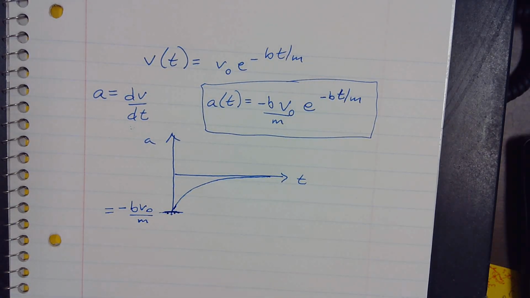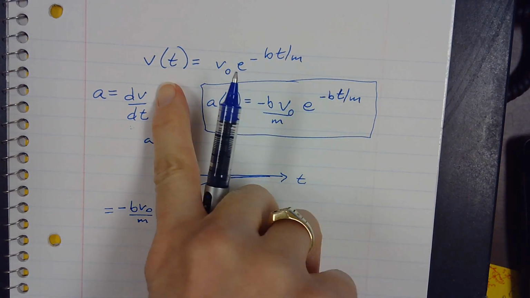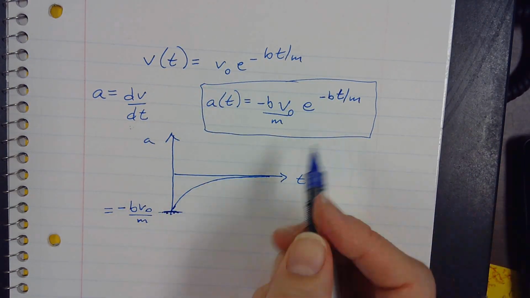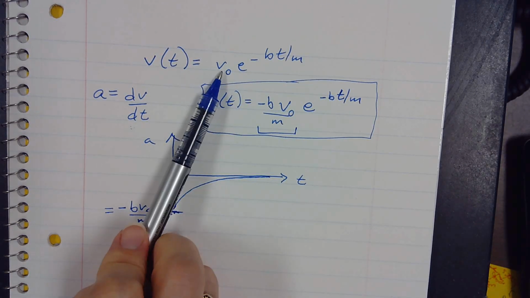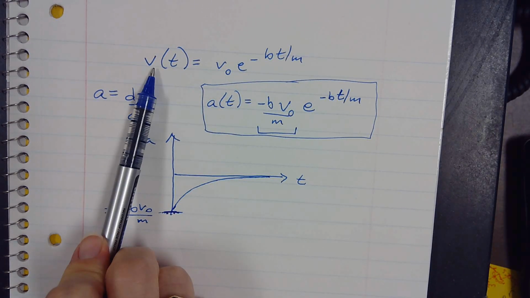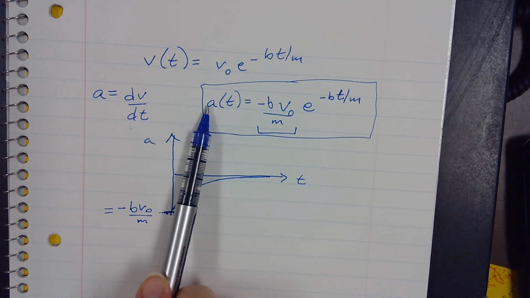But what does that mean? If this was the initial velocity for the velocity function, what should this whole thing be? If this is the initial velocity for the velocity function, this has to be something for the acceleration function.